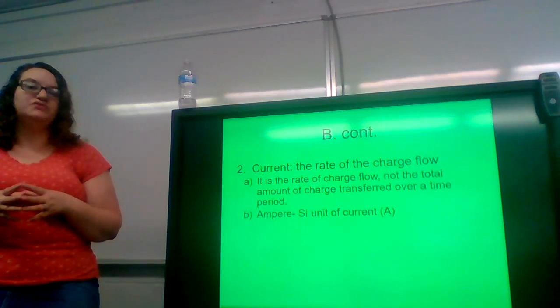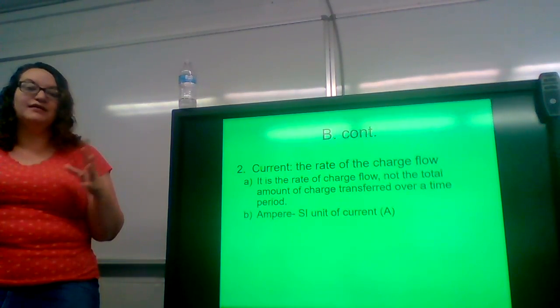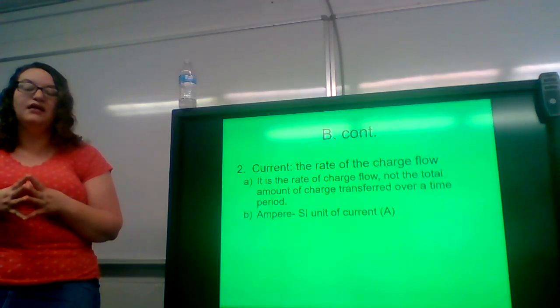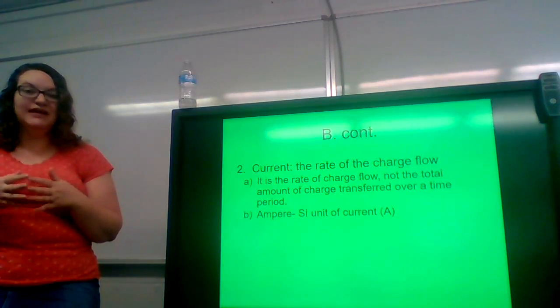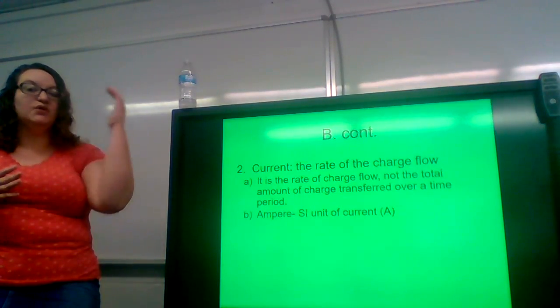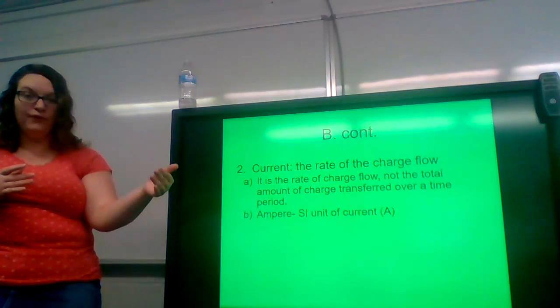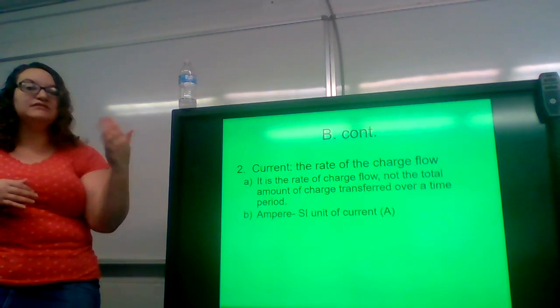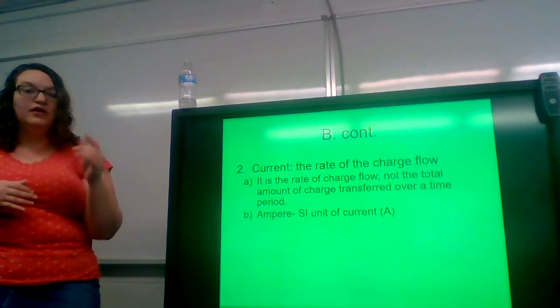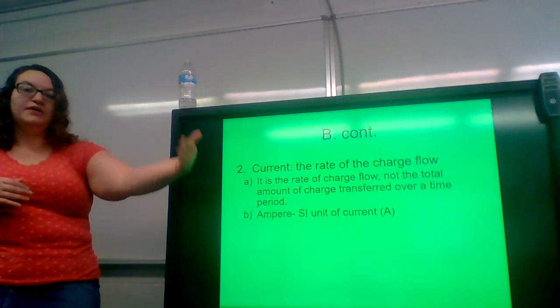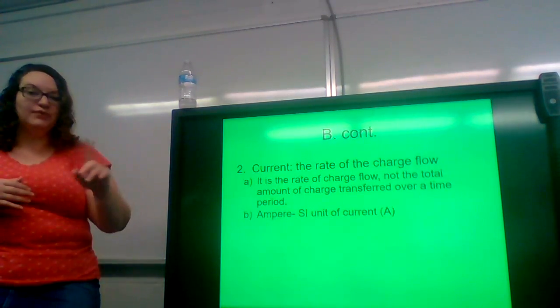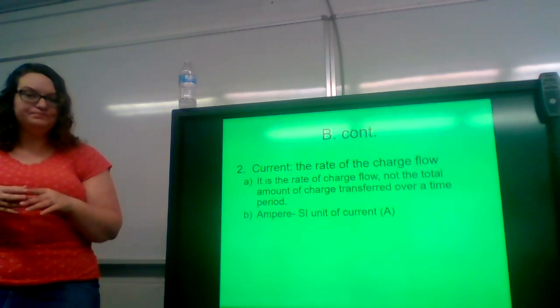Current has to do with how quickly that charge is moving in general. It doesn't have to do with what is the total number at the end of the hour, okay? So how quickly is that charge moving in general versus, okay, I know I have 100 at the end of the hour. That's not what current looks like, okay?